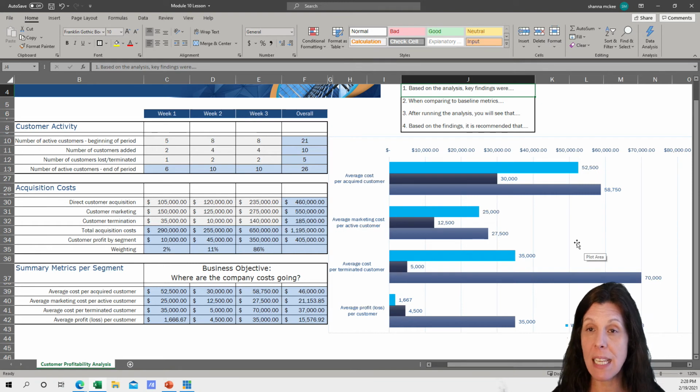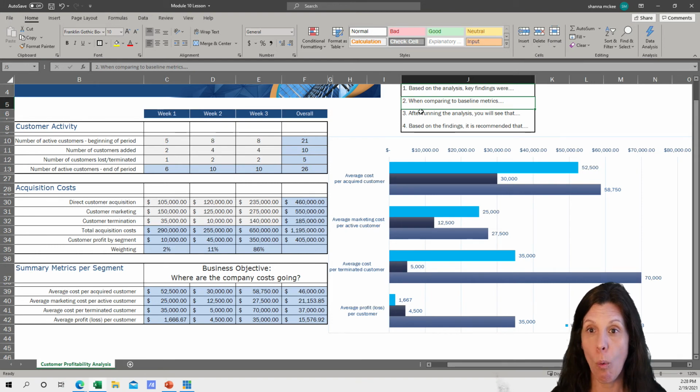So based on the analysis, key findings were that in week 3 is where the cost across all customer types went. And that's just being able to look at that visual, draw that actionable insight just by looking at the chart, and we can do that here. But now we're interpreting these findings.